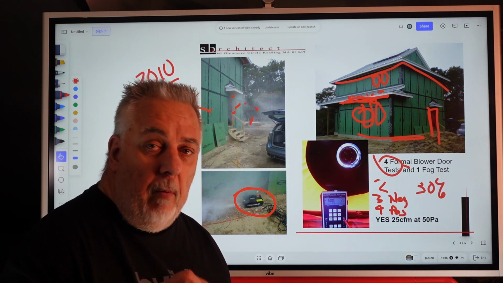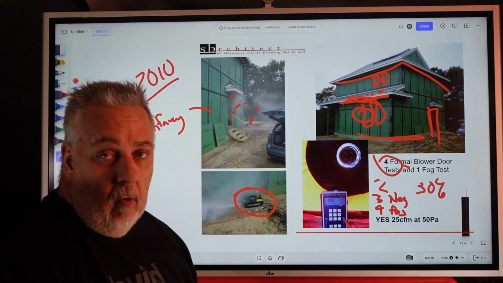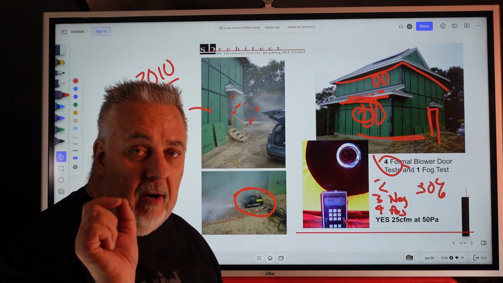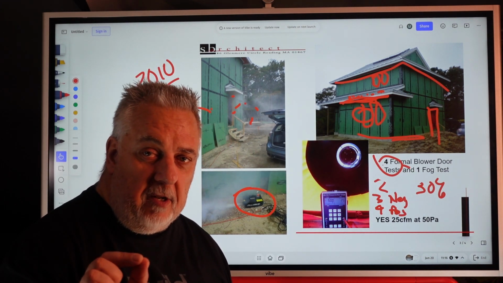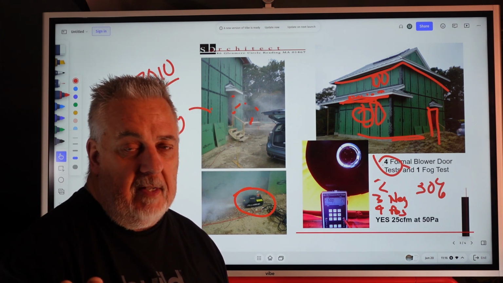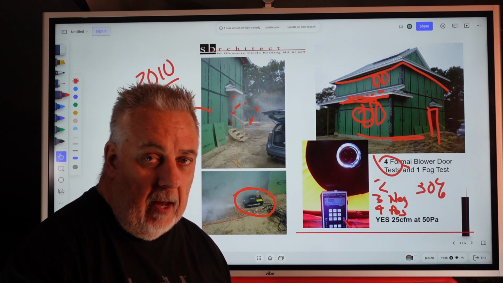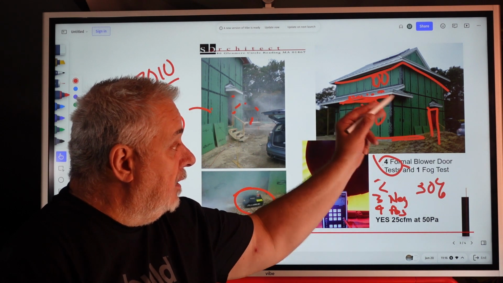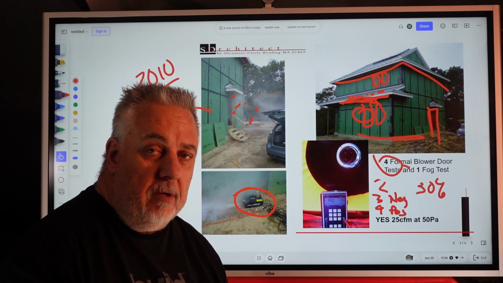When I say small leaks, it wasn't like it was pouring out. It was probably barely enough to see. I tried to take some photos, but there was such little smoke that in the photo you can't even see it. But it did leak in 5 little spots where we used the closed cell spray foam.